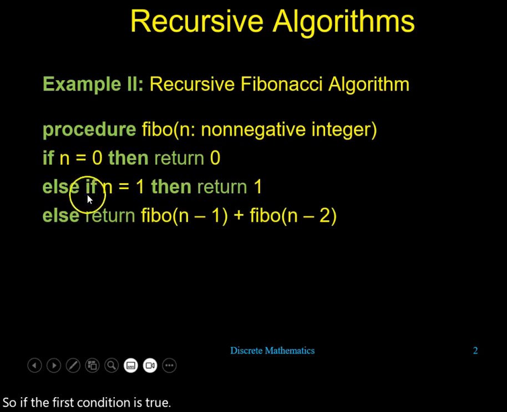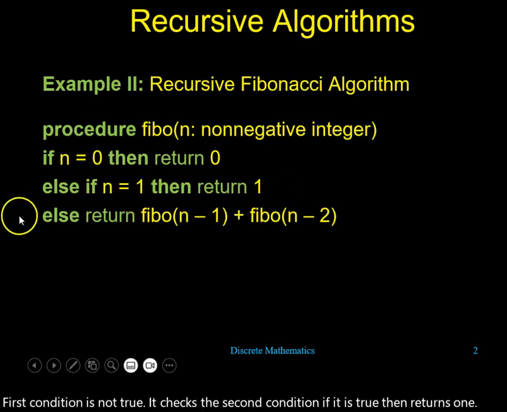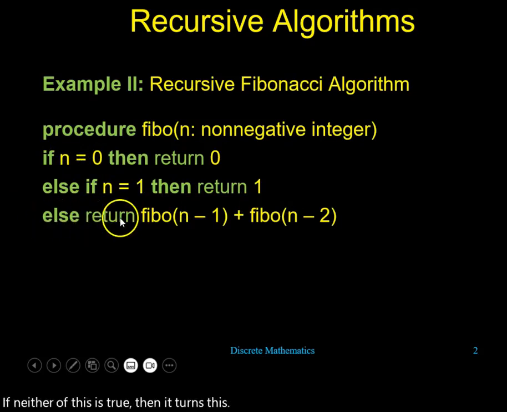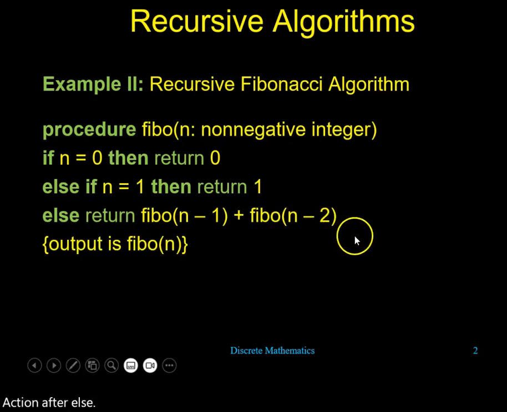If the first condition is not true, it checks the second condition. If it is true, then it returns 1. If neither of these is true, then it comes to the action after else. The output is the nth Fibonacci number.